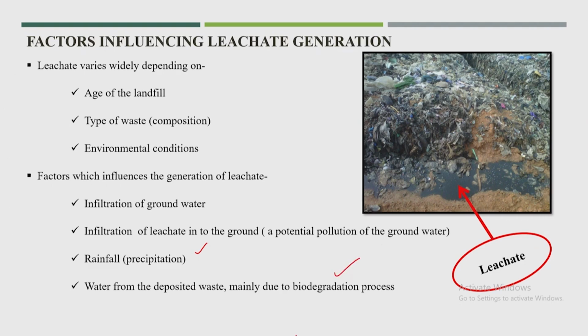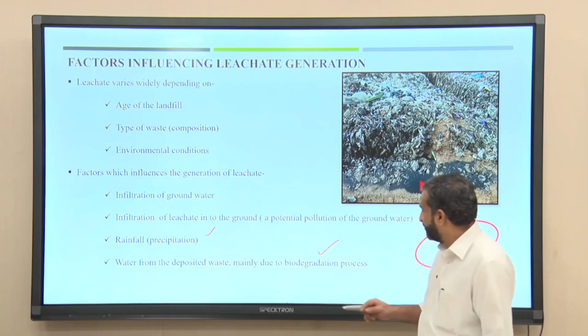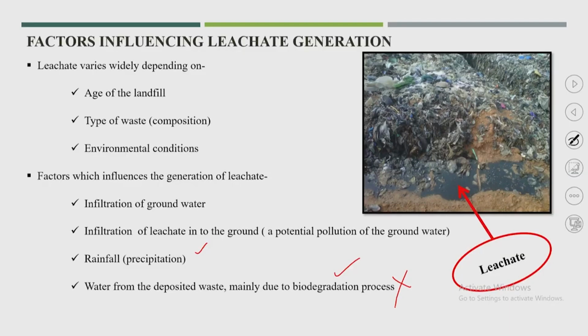Now, if no biodegradable matter is reaching the disposal area, then this factor is not important in that case. And the rainfall or precipitation, you can't do anything about, so it depends on the local climatological conditions, which is why they are important.